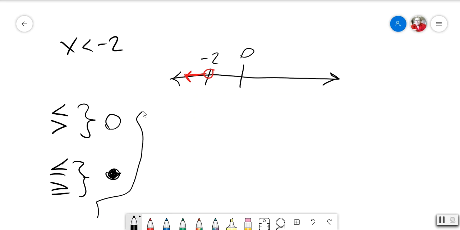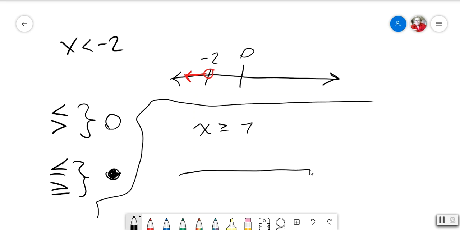So let me pick another example. Suppose I worked out an inequality. I got x is greater than or equal to 7. Once more, draw a graph. Put a 7 over here somewhere, doesn't matter where. Do blue this time, just to be different. This time, it is greater than or equal to.